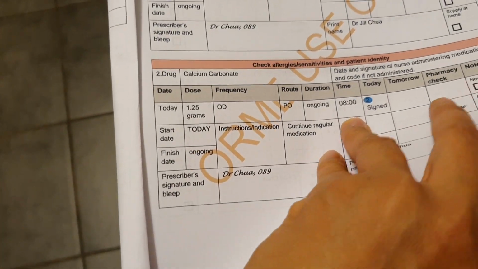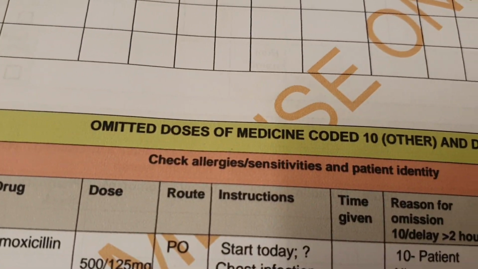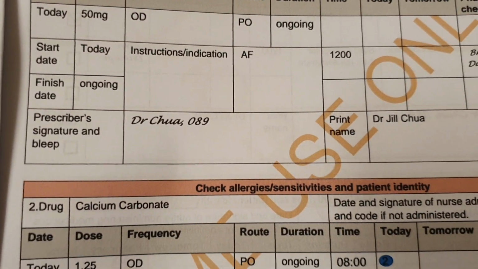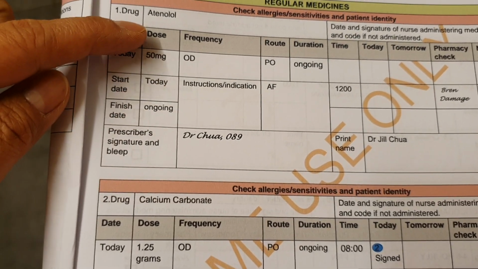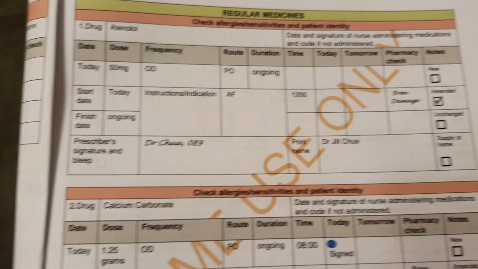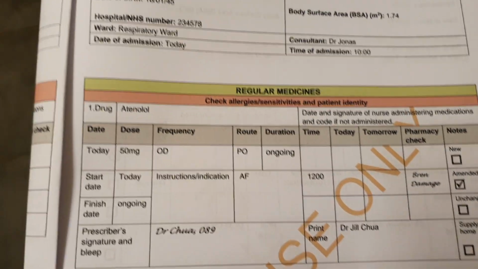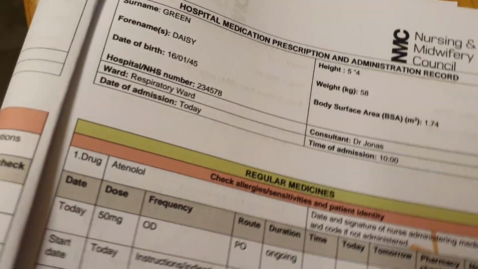You don't have to ask that patient initially. Okay, right then. On every page, it will tell you check allergies, check allergies. So this drug chart is telling you what to do. Anyway, I have prepared, if you remember, atenolol and calcium carbonate. Now, before I give to the patient, I would like to re-identify my patient. Hello, Mrs. Daisy Green. Please reconfirm your full name, date of birth, and allergy.